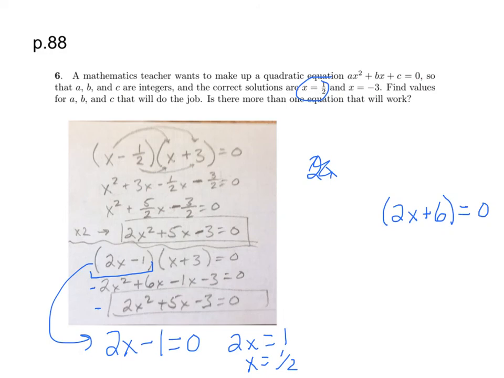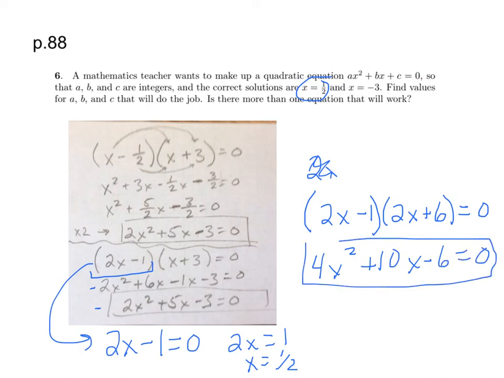I could do the same thing for the other one, or I could just leave it the same, 2x minus 1. If I multiply this out, I would get 4x squared plus 10x minus 6. How does that compare to my other answer? Yeah, that's just the first one times 2. So any multiple of this one will work as an answer.